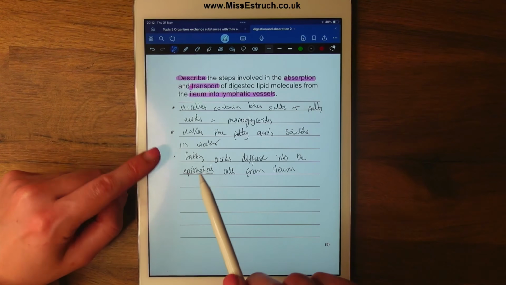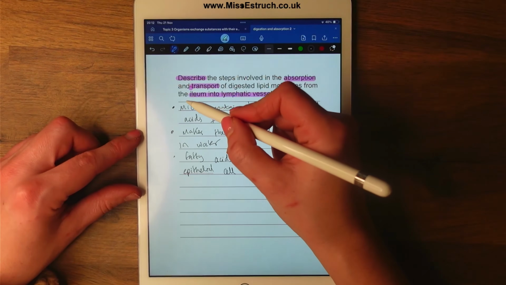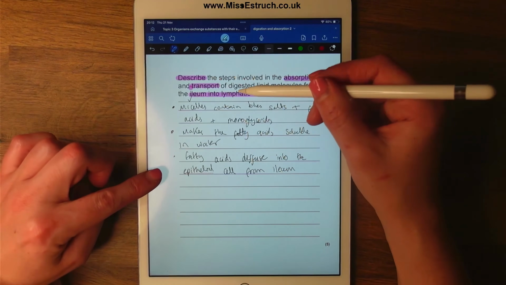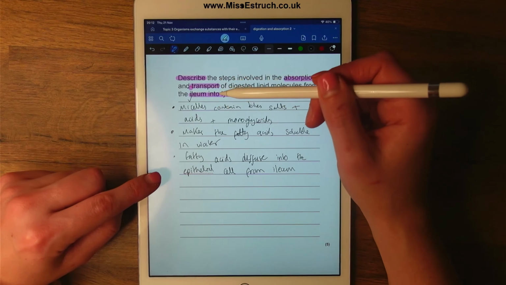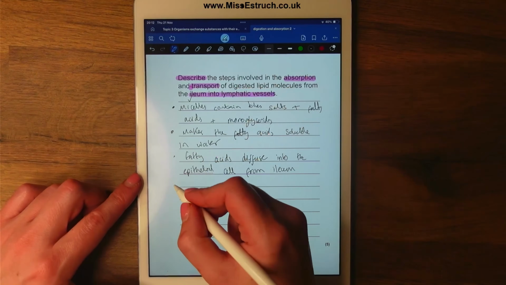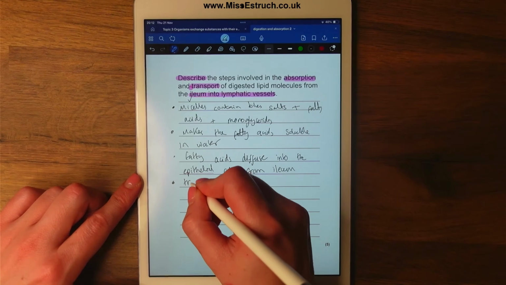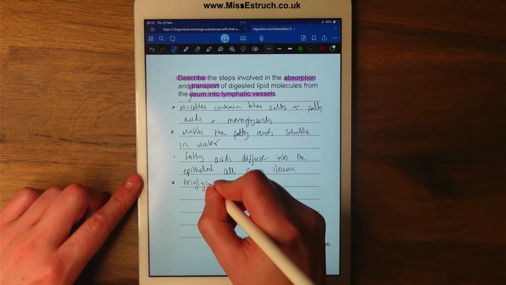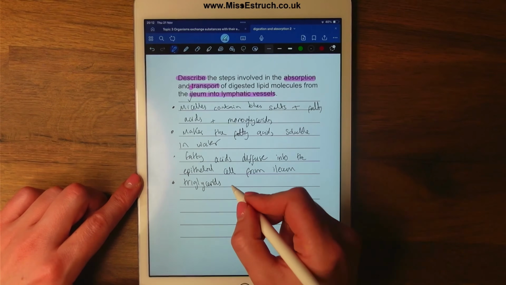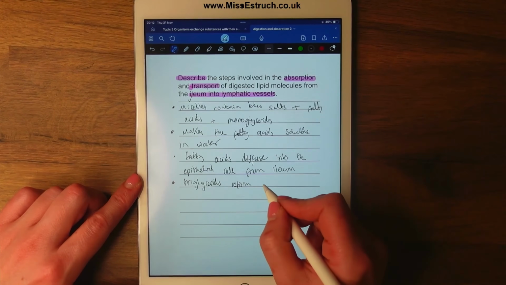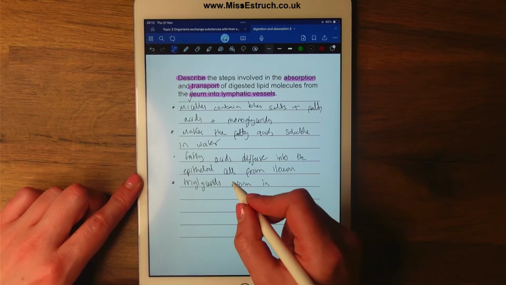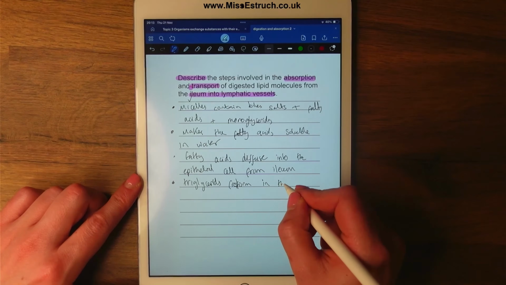So now we've got this bit. We've talked about how it goes from the ileum into the epithelial cell, but then we need to know what happens in the epithelial cell and then how it gets to the lymphatic vessel. And that's where we then said that triglycerides reform or form in the Golgi.